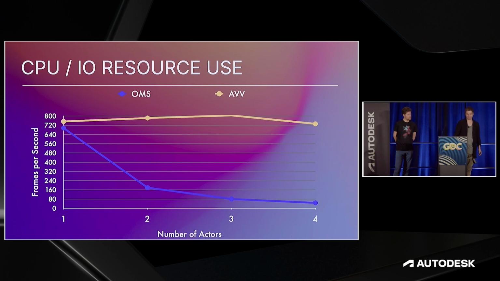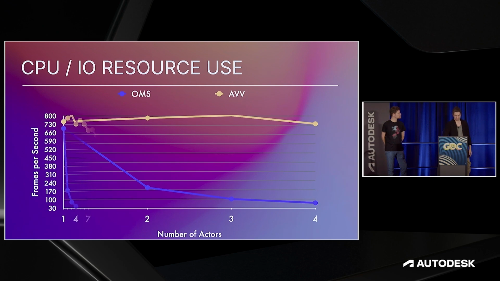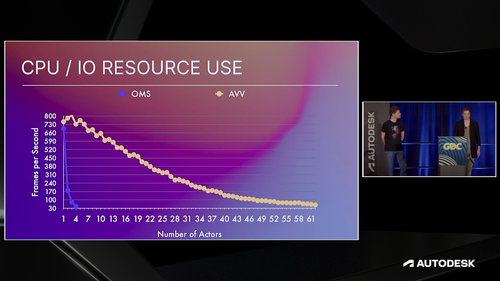In a test of a current generation codec like OMS versus AVV, as we increase the number of streams to about 4, we drop under 60 frames per second. AVV stays high at around 720 in this example. Then as we keep adding actors, you'll notice that we drop and drop and drop.